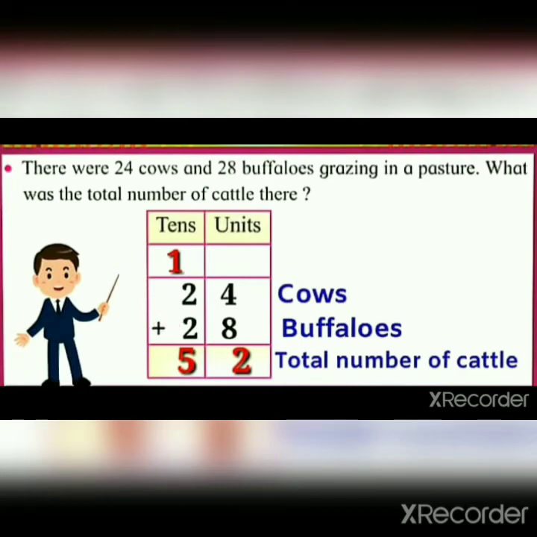So 2 plus 2 is equal to 4 and 1 carry 5. You will write 5 under the tens column. So 24 plus 28 is equal to 52. Answer is 52 cattle are there.